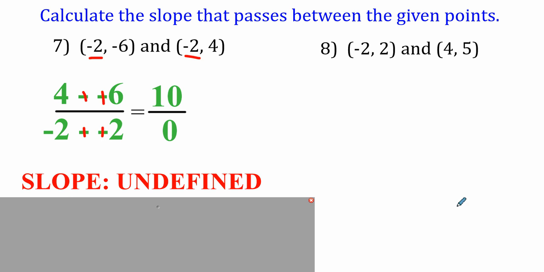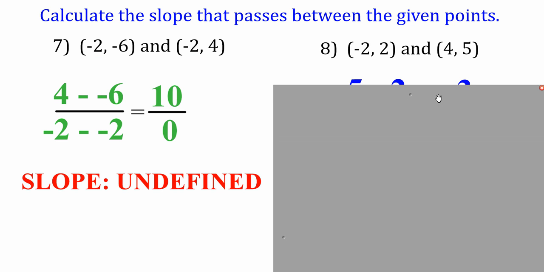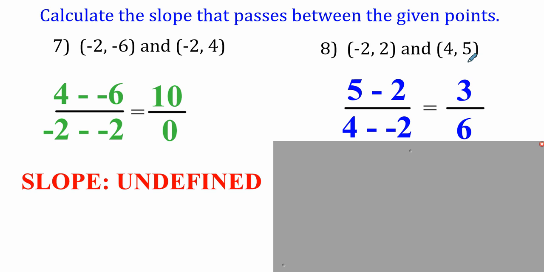For our 2 points here in example 8, again, the change of the outputs to the inputs. So let's start with our second point here. Change in y, 5 minus 2, over our change in x, 4 minus negative 2. Well, 5 minus 2 is 3, and 4 minus a negative 2, remember that's taking the opposite. 4 plus 2 is 6.